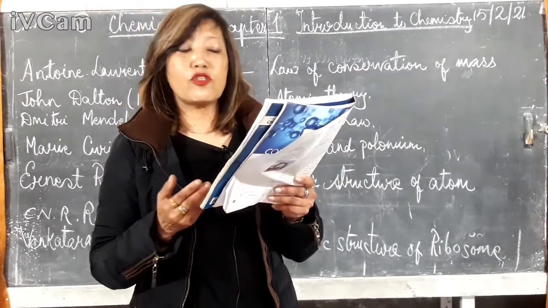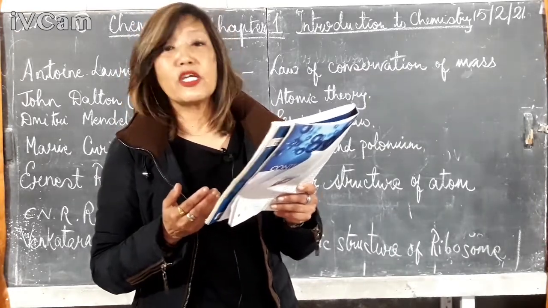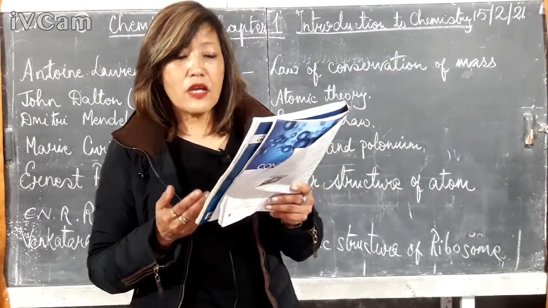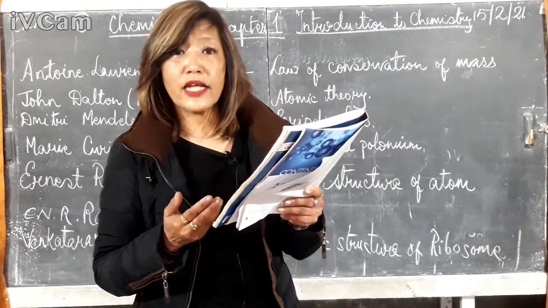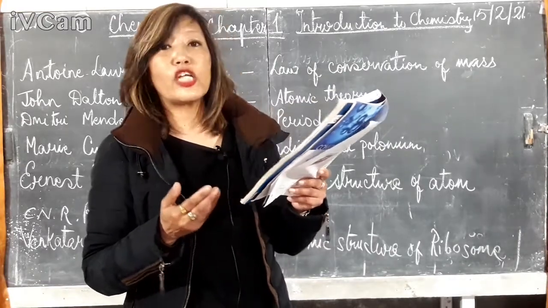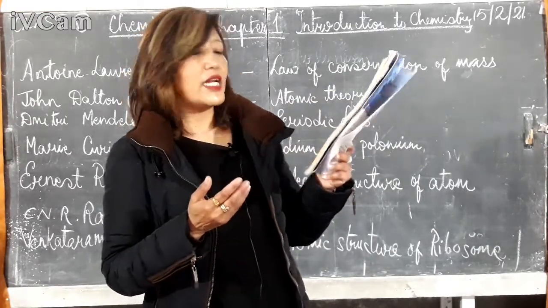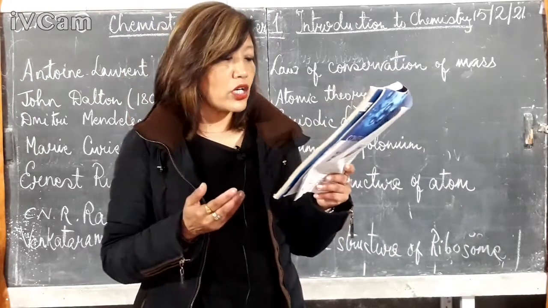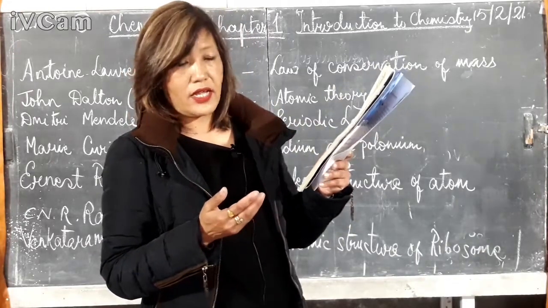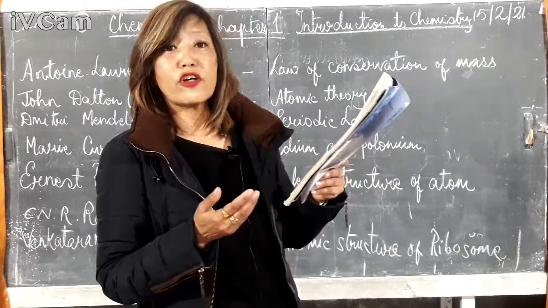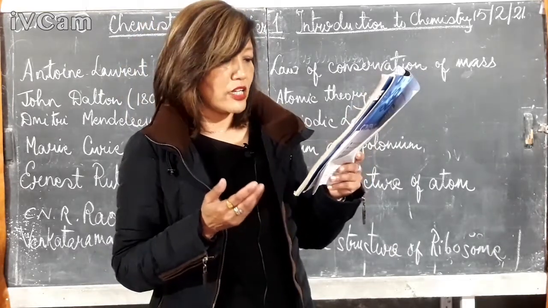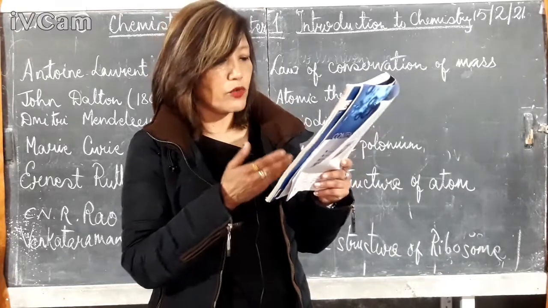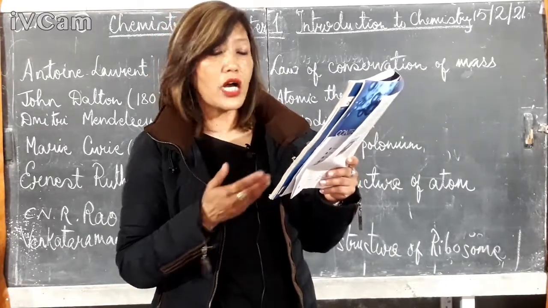Then Dimitri Mendeleev designed the periodic table of elements. Marie Curie isolated radium and polonium. Then J.J. Thomson discovered and identified the electron. Then P.C. Ray, chemist and the founder of Bengal Chemicals and Pharmaceuticals, which was India's first pharmaceutical company.